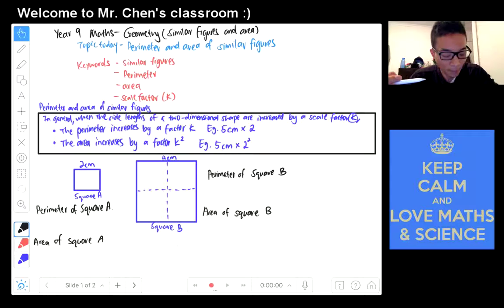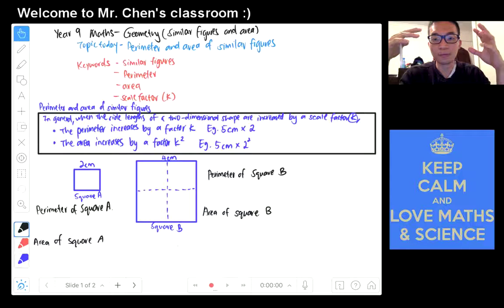So today in Year 9 Maths, we will be looking at similar figures and area for geometry. The topic today is perimeter and area of similar figures.